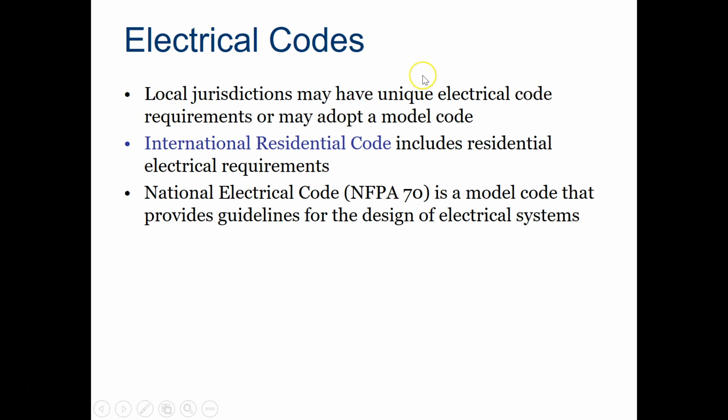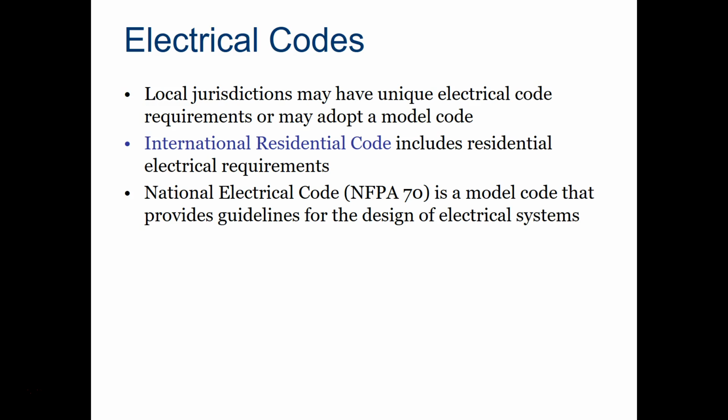So, electrical codes exist so that you can be safe, and so that there is a standard of safety across everybody that is putting electrical service into a building. Local jurisdictions can usually adopt a unique electrical code. Ephrata has a unique electrical code.